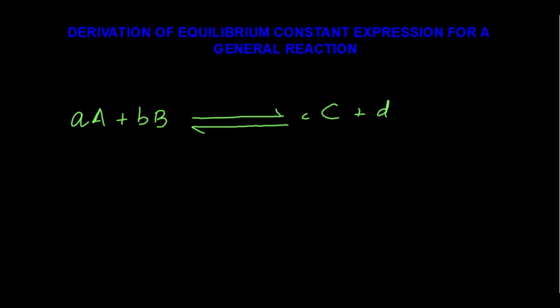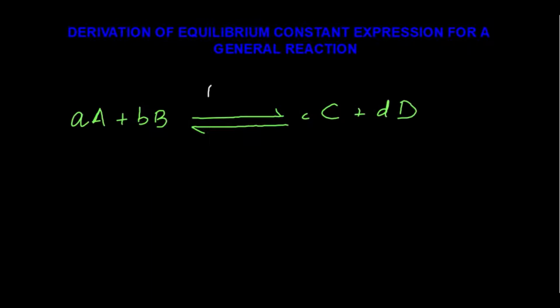Consider a general reaction in which a moles of A react with b moles of B. In a reversible reaction, they react together and form c moles of C and d moles of D.